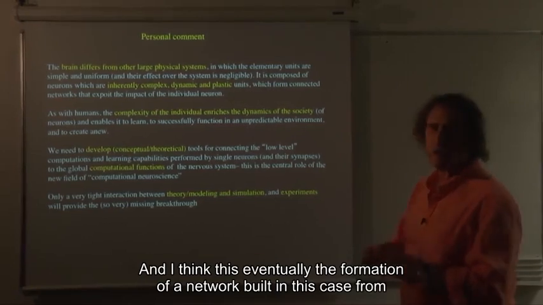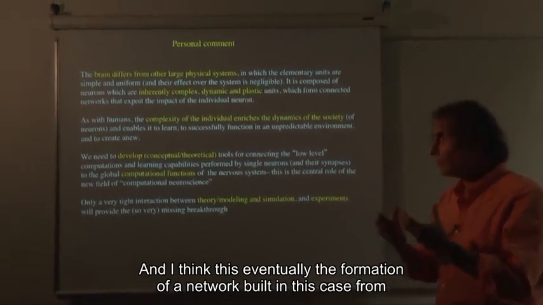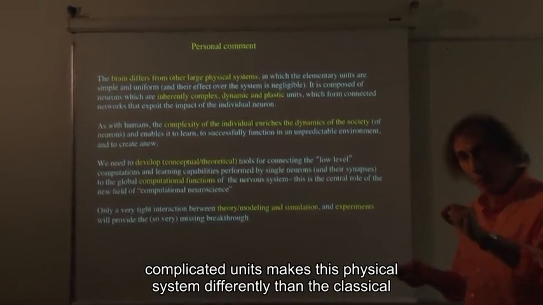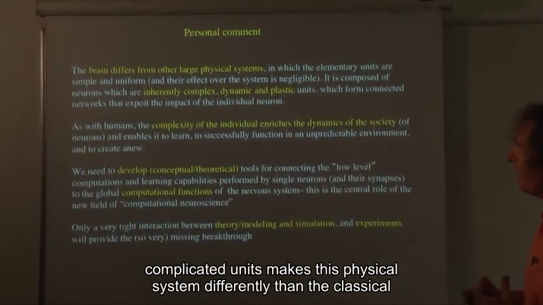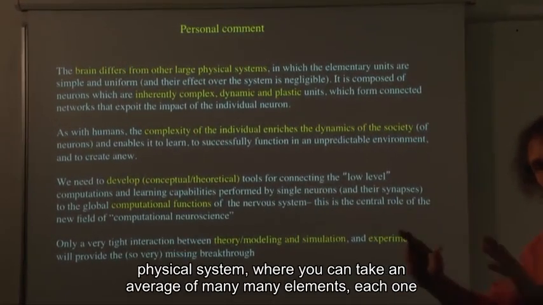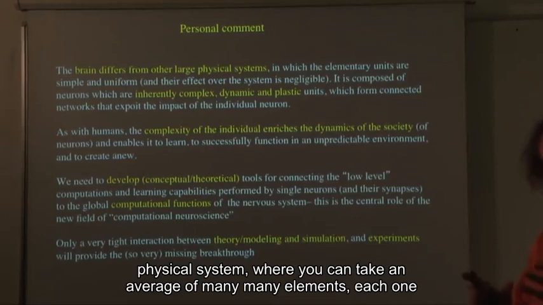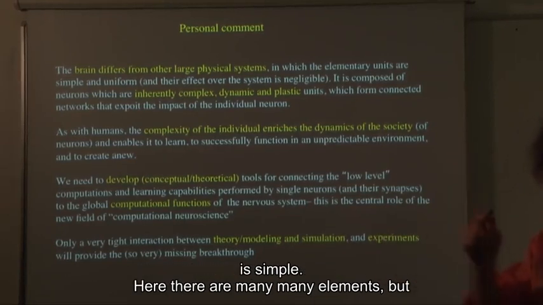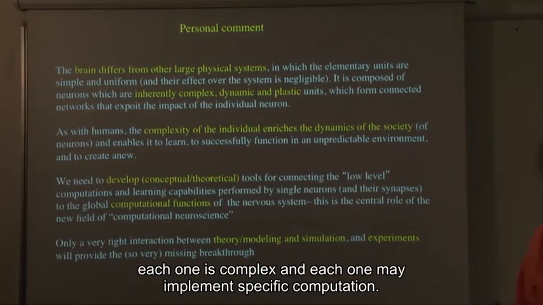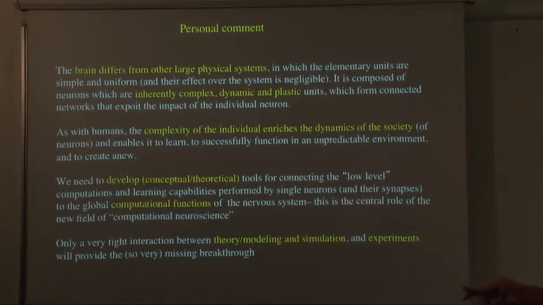And I think eventually the formation of a network built in this case from complicated units makes this physical system different from the classical physical system where you can take an average of many, many elements, each one is simple. Here there are many, many elements, but each one is complex and each one may implement specific computation.